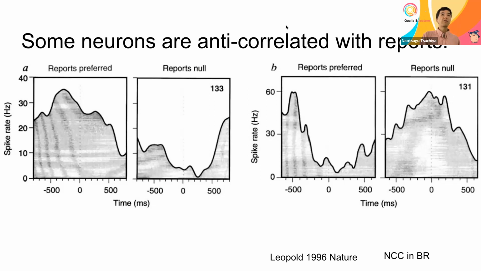In this particular case, neuron 133, just before the reporting of the null stimulus, which 133 didn't like, started to reduce its firing rate, and initially it's lower. Whereas for reports of the preferred stimulus, initiated at time 0, just 500 milliseconds before it starts to increase, and then it remains high for a while and then goes down. Something like that, but in the opposite direction, was found for another neuron, 131, in this case.